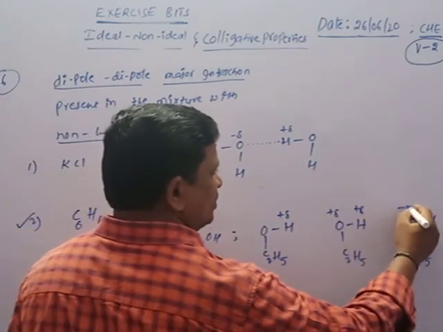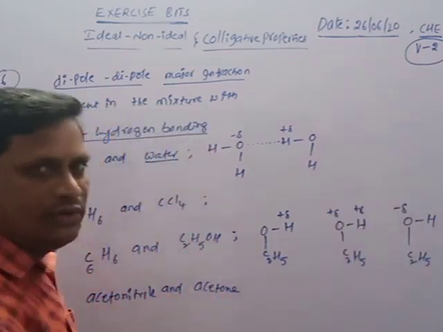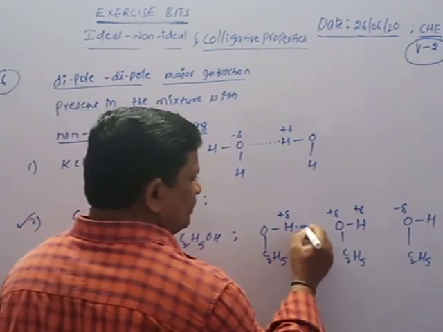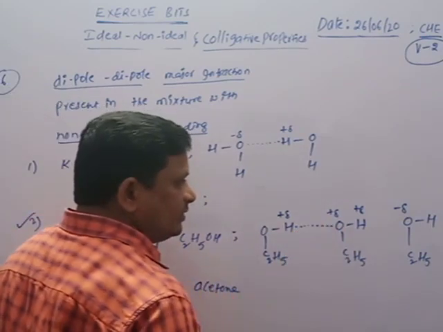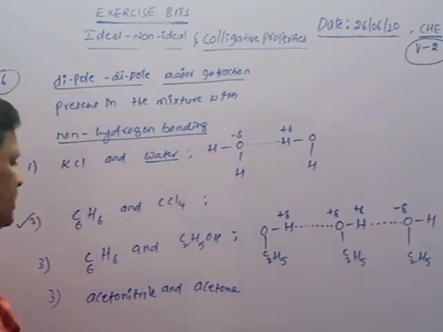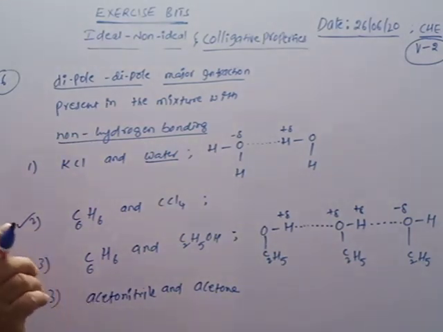Hydrogen bond is generally denoted with dotted lines. The hydrogen bond is established between hydrogen and oxygen. So these molecules have very small dipole attractions.